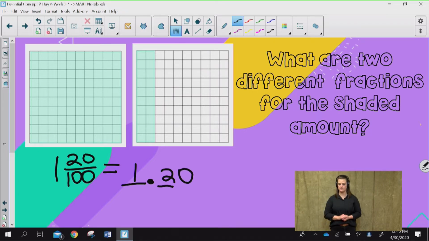So we could actually write our decimal like this or like this, because we know that 20 hundredths is the same as 2 tenths. You could write your decimal like this or this, and it would be the same amount, because 20 hundredths is equivalent to 2 tenths.